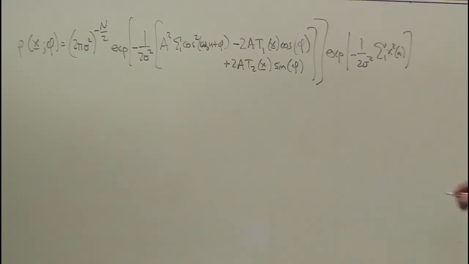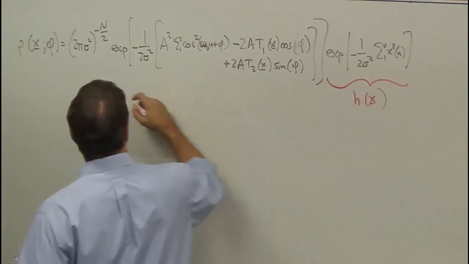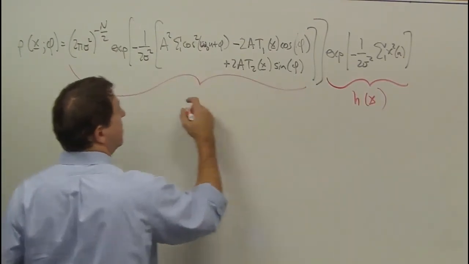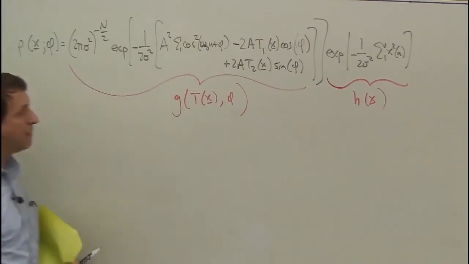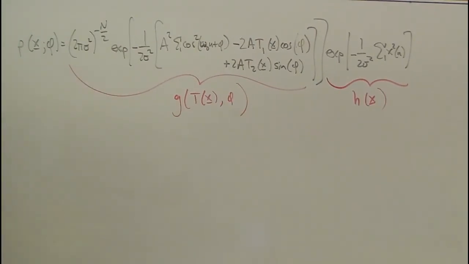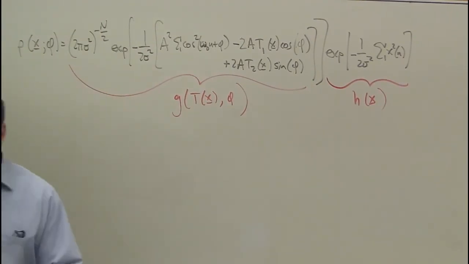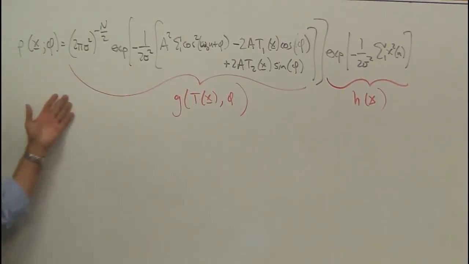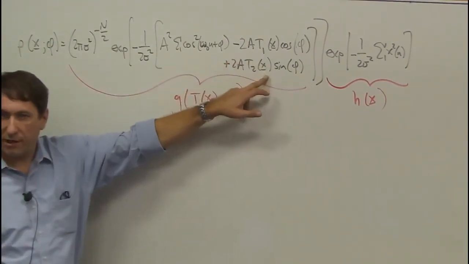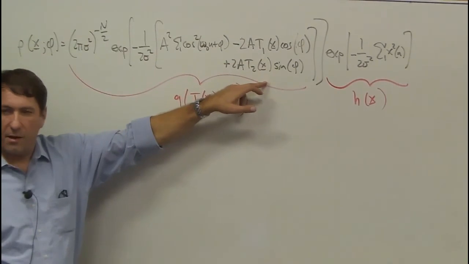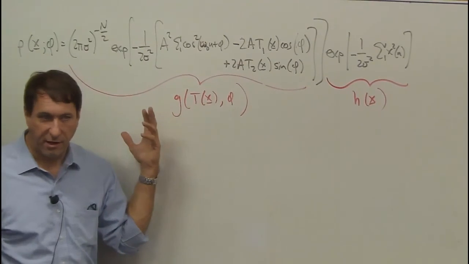So this is h of x, and this is g of t of x, phi. Right. So what we have is a two-dimensional sufficient statistic. It doesn't seem possible to reduce that to a single sufficient statistic.